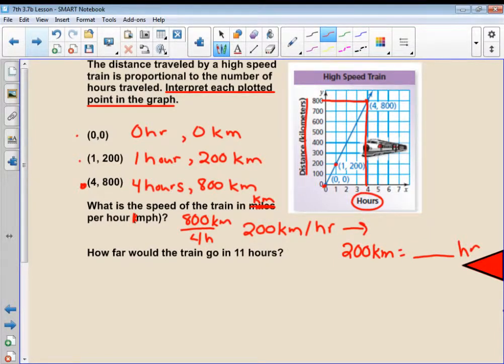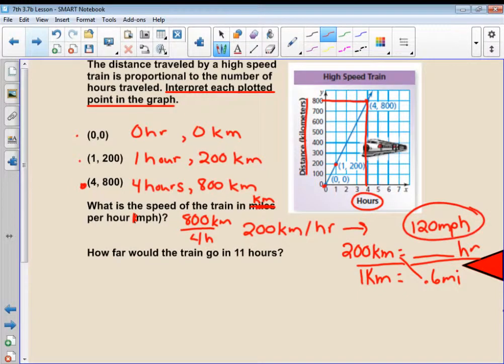So our conversion, pull my book out here really quick out of the back of my book. 1 kilometer is 0.6 miles. So now I could set that up as a proportion, cross multiply. So 0.6 times 200, and then divided by 1 is still 120. So really this is 120 miles per hour. So either of these would work. But if they did specifically ask for miles per hour, we would have to do that next step.